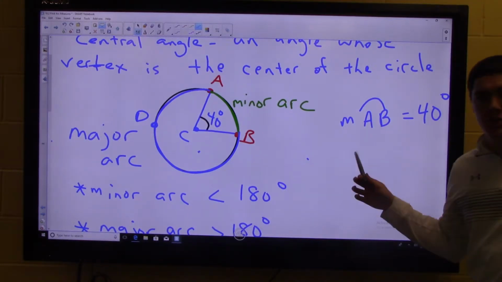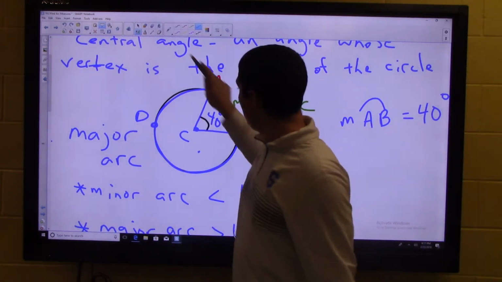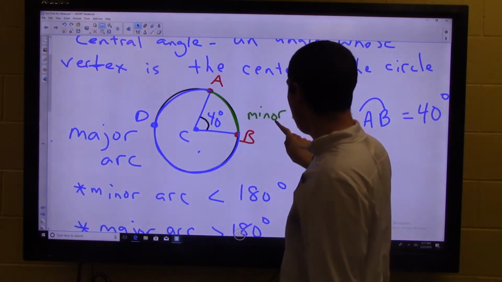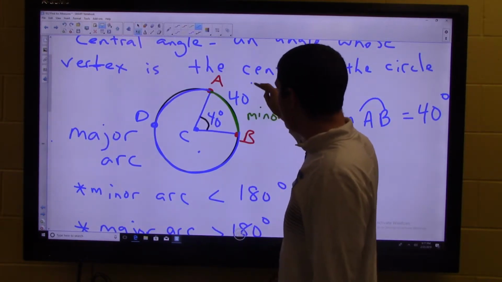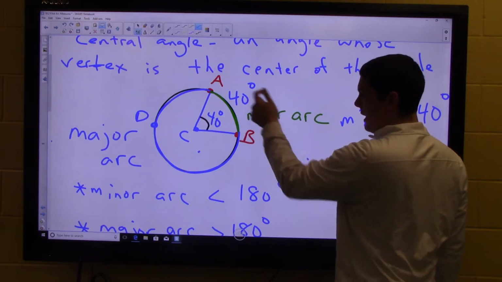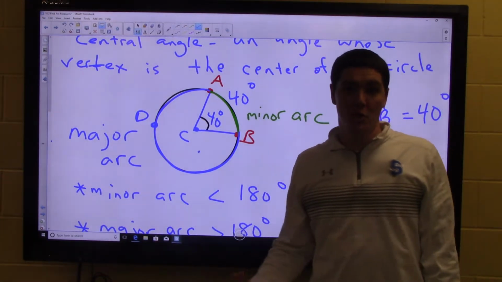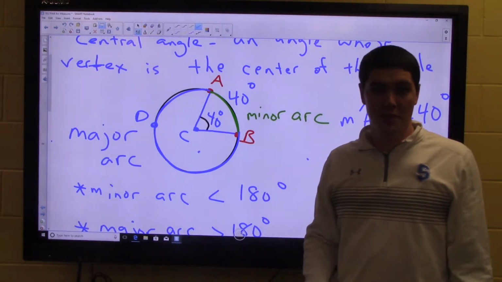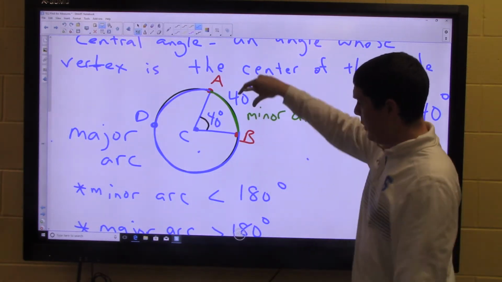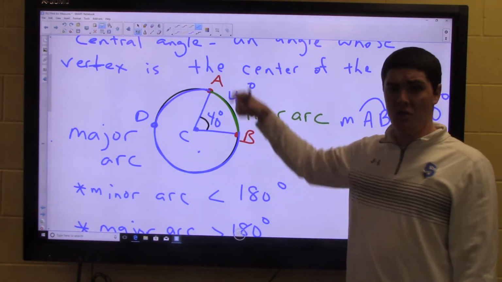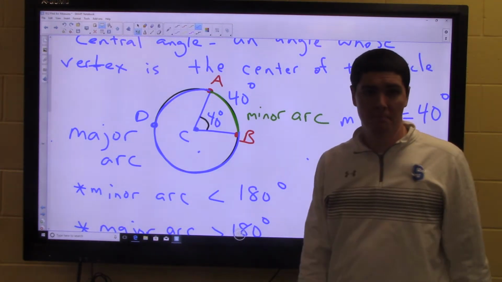Another thing I want to mention while we're at it: if I found that this is 40 degrees, let me move this over. That is my minor arc there. This would be 40 degrees. A lot of times we just write the degree measure of the arc outside it. Again, I mentioned how many degrees are in a circle. The answer is 360. So if there's 360 degrees in this entire circle, and we have 40 of them with this minor arc, I want you to think, how can we find the measure of that major arc from A to D to B?